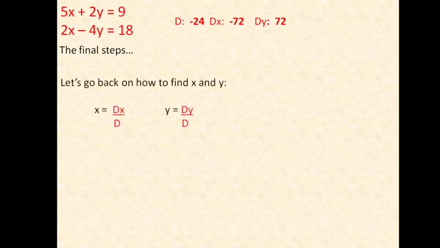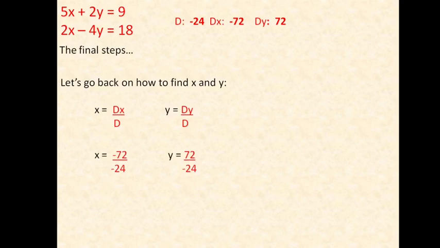So this is the formula to find out the values of x and y by using Cramer's rule. X can be determined as dx upon d, y is dy upon d. We have all the values, you just need to substitute. Since dx is minus 72 and d is minus 24, x will become minus 72 upon minus 24.